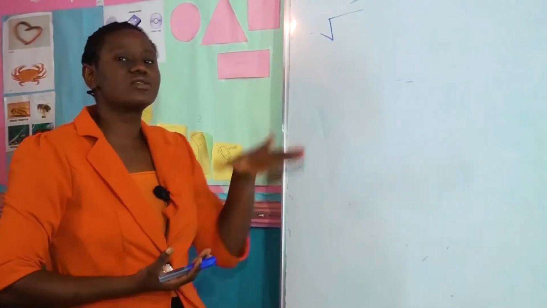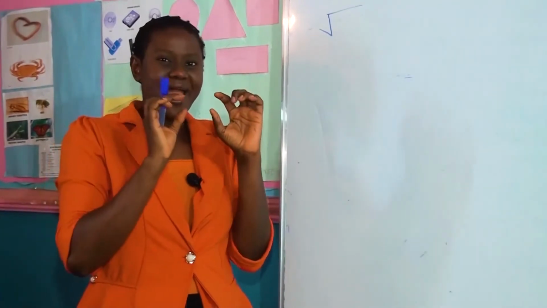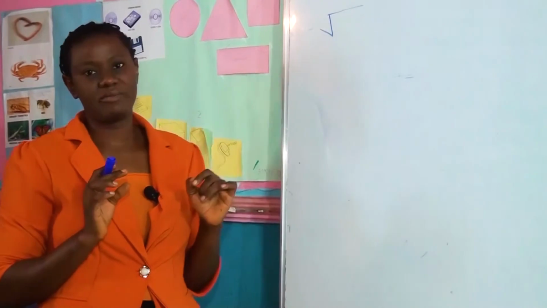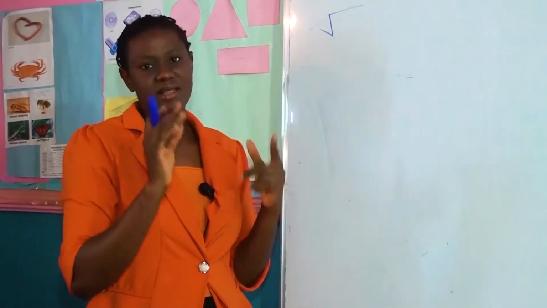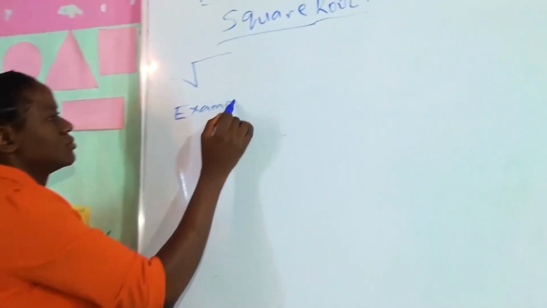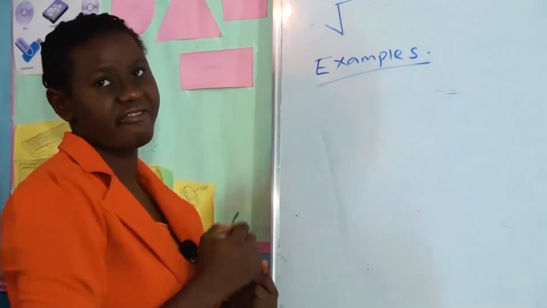So when we want to find the square root of 144, that means a number which when multiplied by itself would give that number. For instance, let's find the square root of 49.